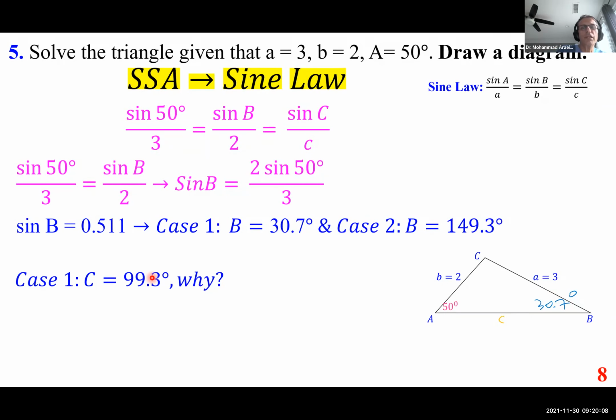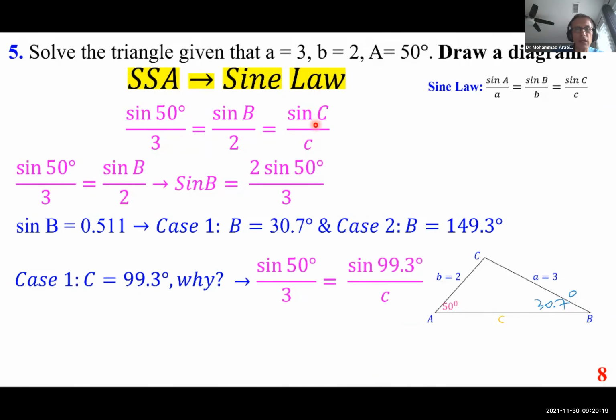So if C is 99.3, you can go to this one and say, well, I have sine of 99.3. And the first one and the last one, put them together. Again, do the cross product, you find the lowercase c, which means 3 times sine of 99.3 degrees over sine of 50 degrees, and c becomes 3.86. I hope everybody can go from here to here.